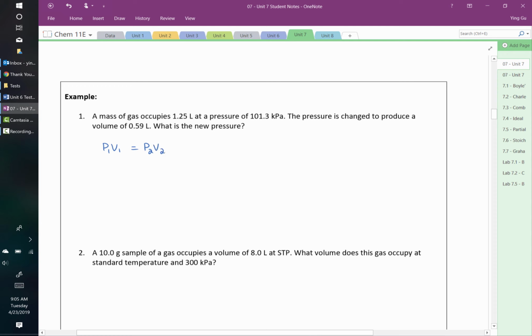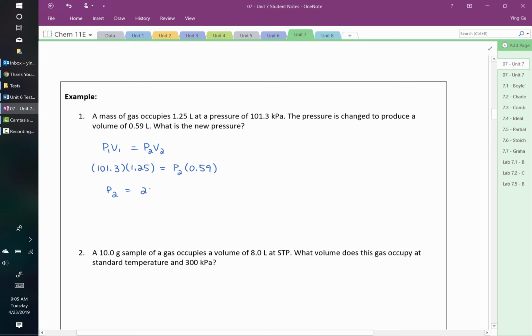Okay, the initial pressure is 101.3 kilopascals. The initial volume is 1.25 liters. And that should give us the pressure of the second system, which is actually the same system, but different conditions, times the second volume, which is 0.59 liters. Okay, we punch that into our calculators. 2 sig figs to finish.